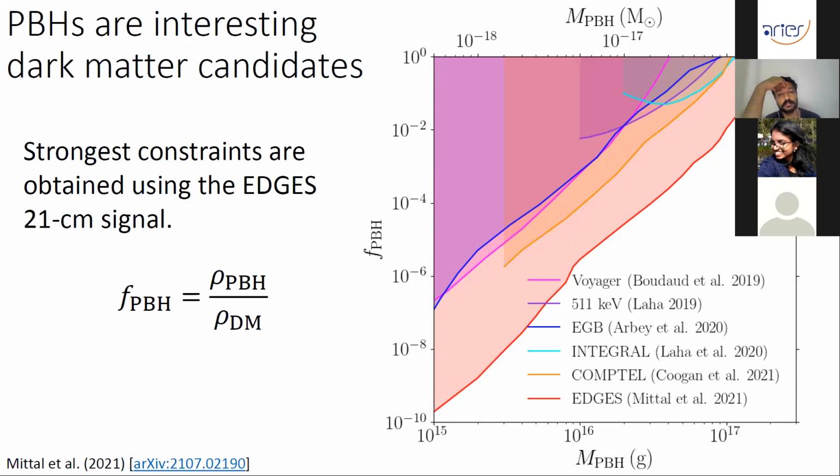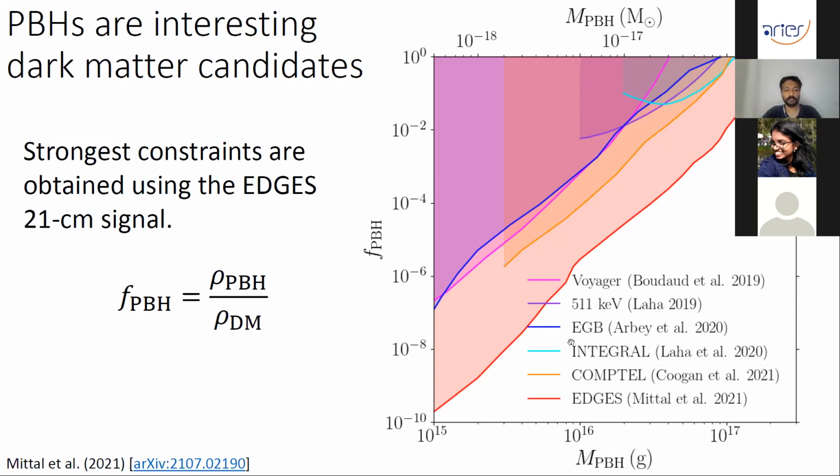So this figure that you see over here is a consolidated plot of the many constraints that have been put on the primordial black holes in terms of f_PBH. The y-axis is f_PBH in log scale, and on the x-axis we have the mass of the primordial black hole.